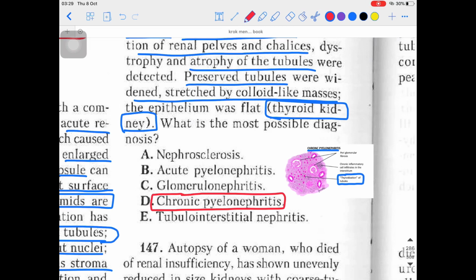Now microscopic changes will be appreciated here as well. Many microscopic changes can be seen. For example, in the tubules, I told you about thyroidization of the tubules, with atrophy and hypertrophy of some of the areas. In the interstitium there can be xanthogranulomatous pyelonephritis, which is an uncommon variant, but there will be lymphocytes, plasma cells, macrophages, all these kinds of cells causing fibrosis in the interstitium.